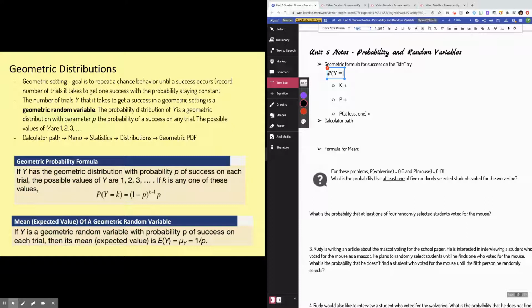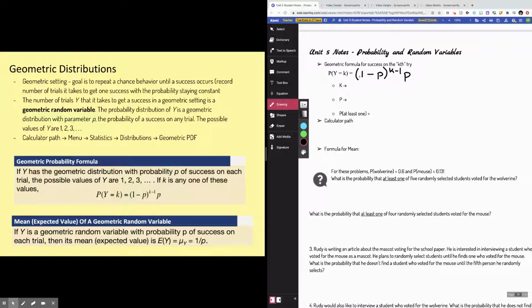So y equals k means that you get your success on that kth try. That equals the probability of failure, so 1 minus p, to the k minus 1, and then multiply that by p.